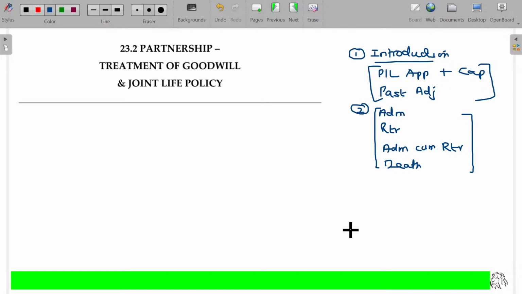At the time of admission or retirement, you are going to reconstitute the firm, right? So before you solve the illustrations related to admission and retirement, you need to understand some adjustments. Before you master the final accounts of a company or a sole trader business, you need to understand adjustments like closing stock and outstanding advance.